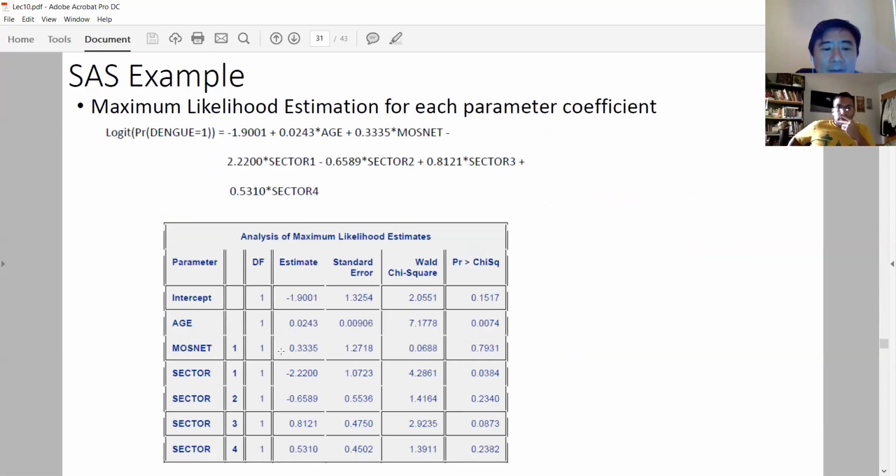Like for mosquito use, if you use the other one as the reference, this is going to be negative 0.33 instead of 0.33. The beta parameter will be reversed, but the interpretation will be the same. It won't hurt your interpretation.